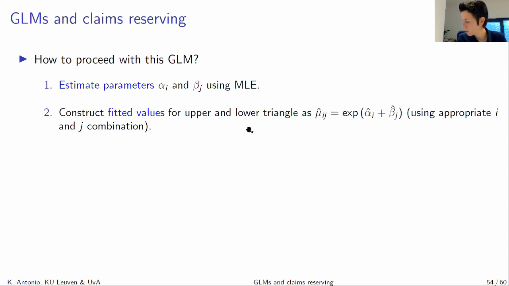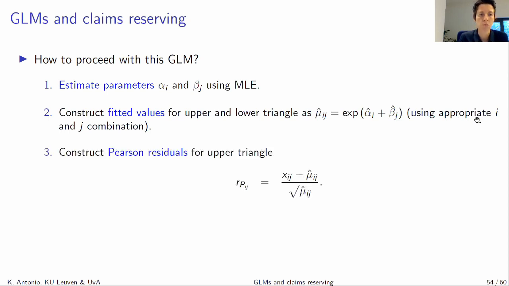We can construct the fitted values for the upper and the lower triangle. How do we do that? By using the inverse link function, that's the exponential here, by using the appropriate parameter estimates, putting them together like this. So this would give you a point estimate for the fitted value in a specific cell in your triangle. And you just need to use the appropriate alpha, the appropriate beta.